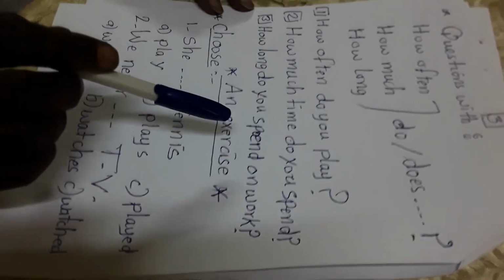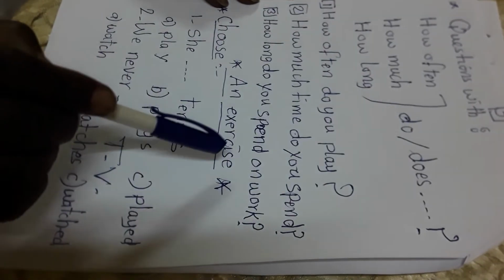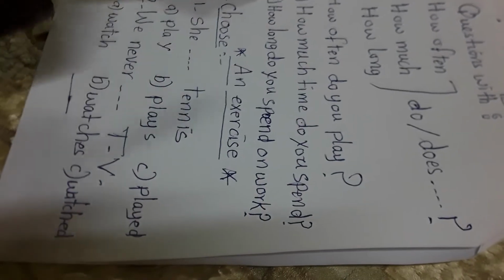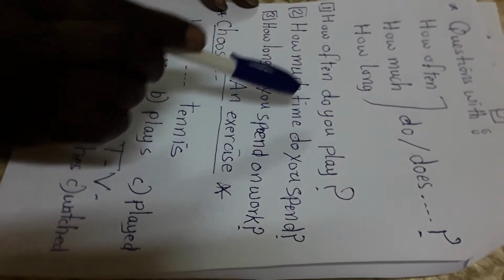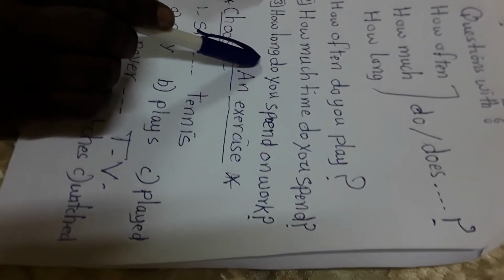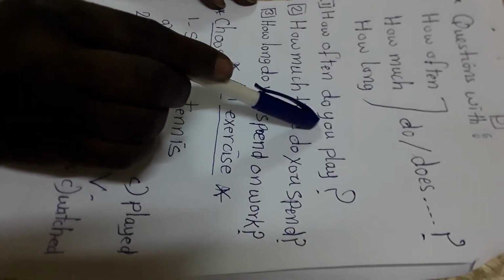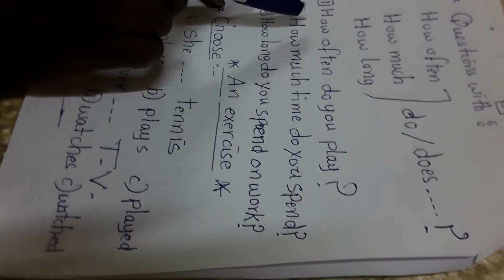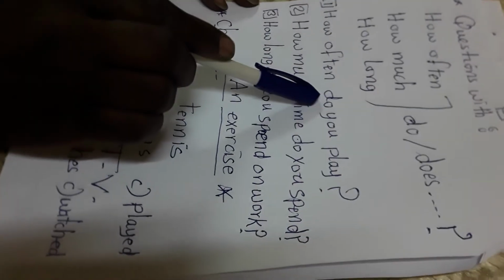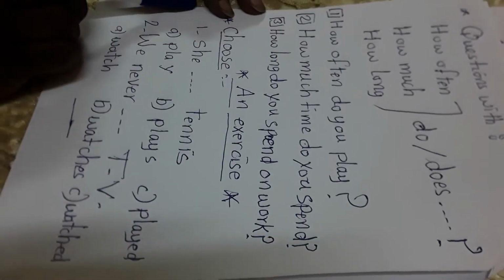But if we use here instead of you, he or she or it, we change do into does. For example, if we want to use here he, we say, how often does he play?